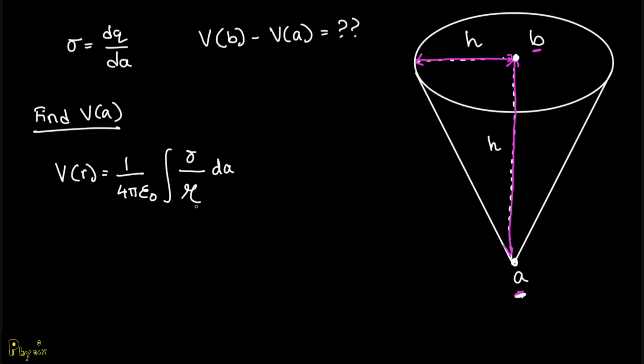Now let's be clear with what this displacement vector is. The displacement vector is a vector pointing from any infinitesimal charge dq to the point where we're interested in finding the electric field.